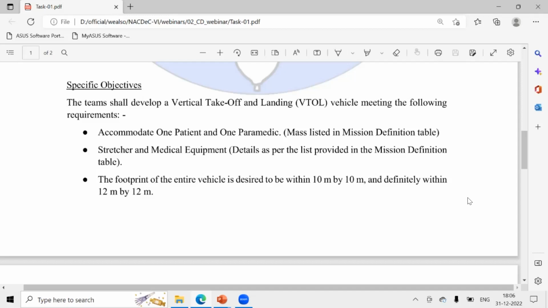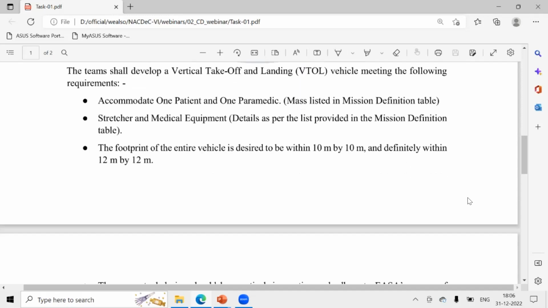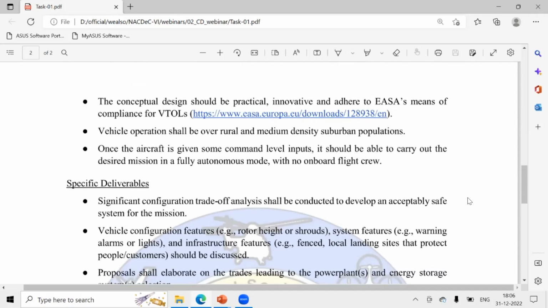If there is some incident, a road accident, or any other issue, we should be able to reach out to that person very quickly and bring him or her to the nearby hospital on a stretcher. To make it amenable to reach remote areas, we want it to be within 10 by 10 meters and definitely within 12 by 12 meters.